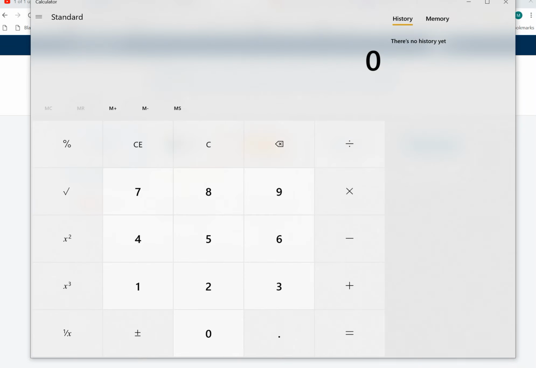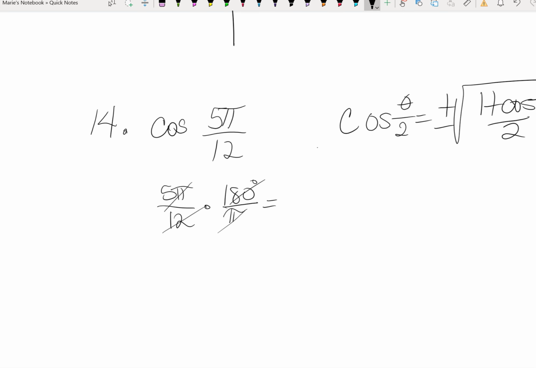Alright, so 180 over 12. 15, that's what I thought. So the 12 goes into 180 15 times, and that times 5 gives me 75.